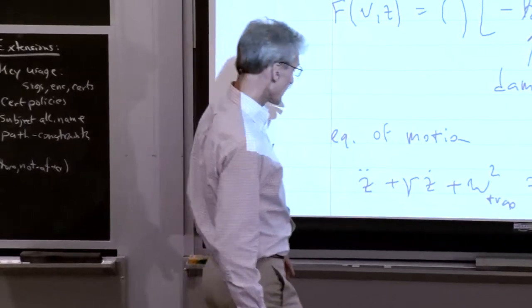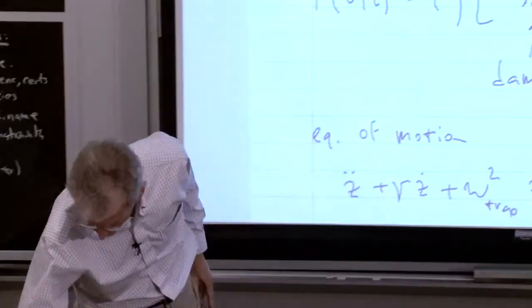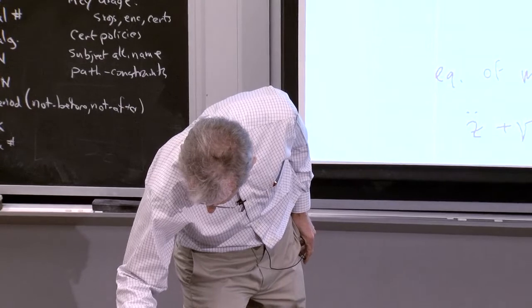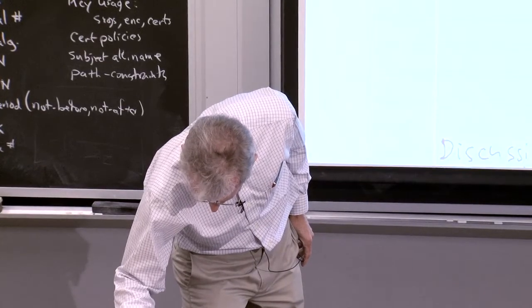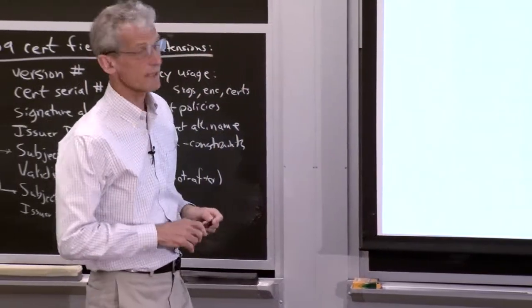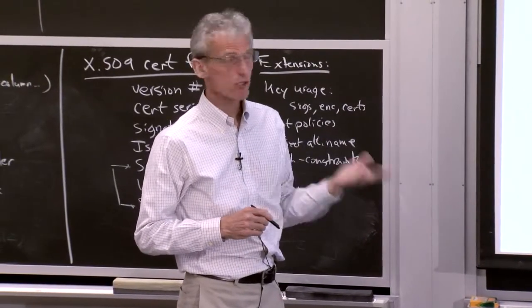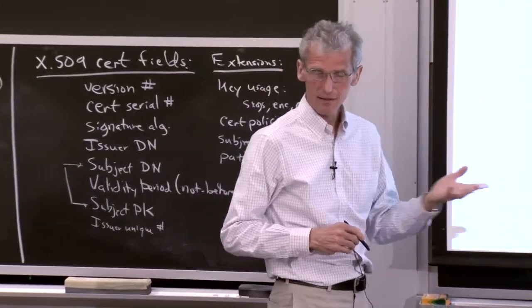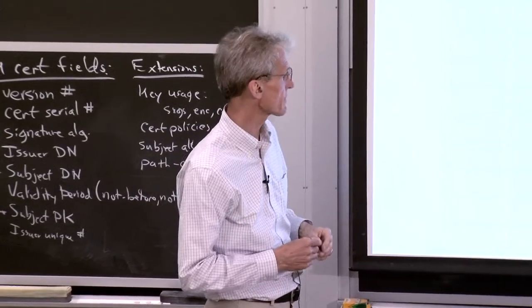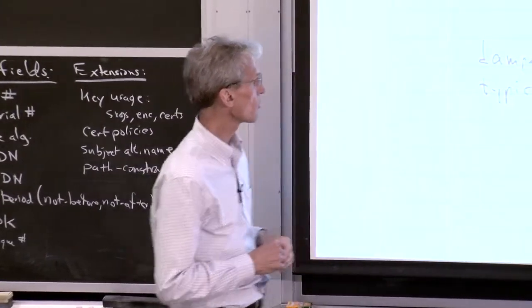Okay, so if we have this kind of force, a linear force in velocity and a linear force in position, this is the equation of motion of a damped harmonic oscillator. We have a spatial force constant, K, a force which is linear in displacement. So this is a damped harmonic oscillator.